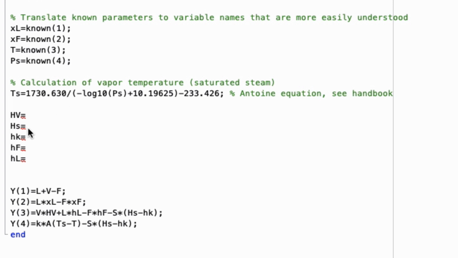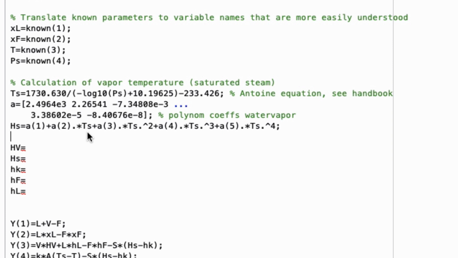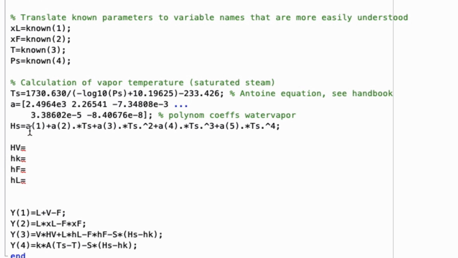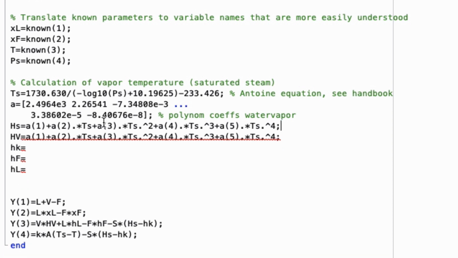And to calculate HS from that, there is a nice correlation as well, and I will copy that in. So we have a temperature polynomial here that gives us the enthalpy. So we have now HS. For HV, we do the same thing, the same equation, but with another temperature, so not TS here, but rather T.